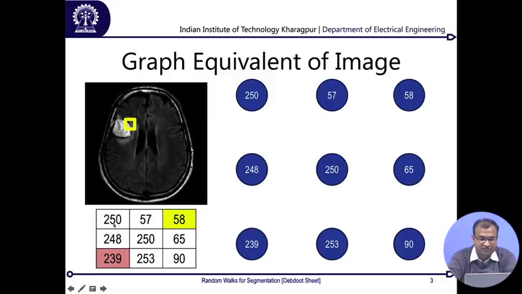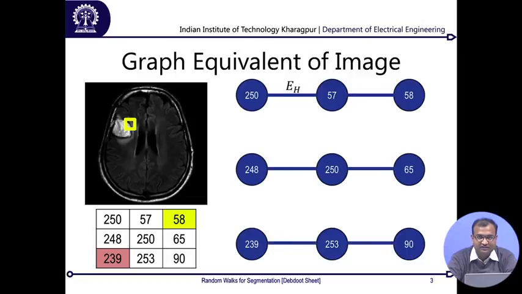So, if this pixel has a coordinate position x, the node also has the same coordinate location x. Once we put down all the nodes, the next thing we need to do is draw connections between these nodes, and these are called edges. As we keep on doing, you can draw horizontal connections. These are called horizontal edges, or what we also define as E with a subscript of H.